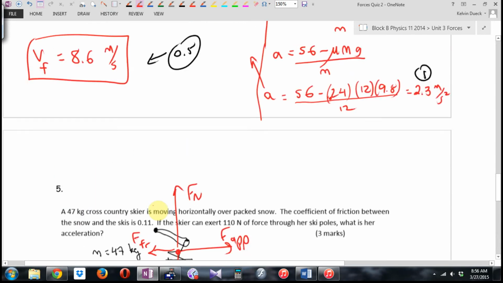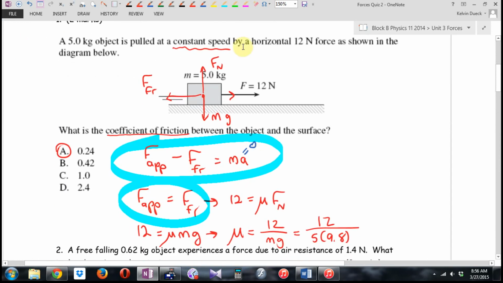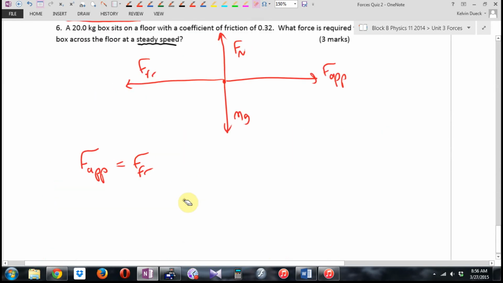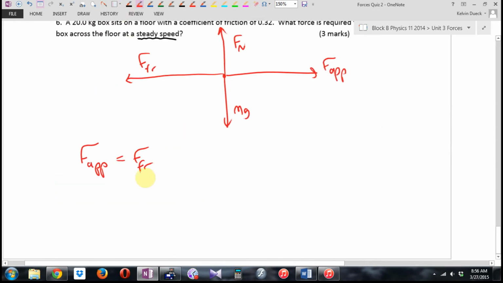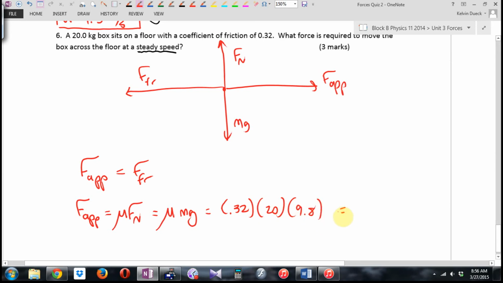It's the same argument as I made way back up here in number 1, where I said, well, winner minus loser equals MA, but A is 0, so you can go straight to here. The applied force is going to be mu times the normal force, which is going to be mu mg, which is going to be 0.32 times 20 times 9.8.